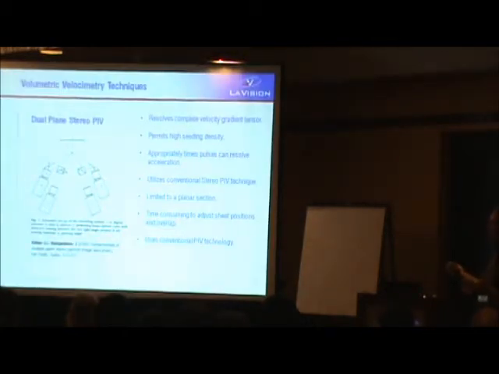The first move to actually making what we would class as 3D PIV, or volumetric PIV, is an adaptation of stereo PIV. In fact, what you have here is two stereo PIV systems operating simultaneously and observing two parallel light sheets, or overlapping light sheets in some cases.